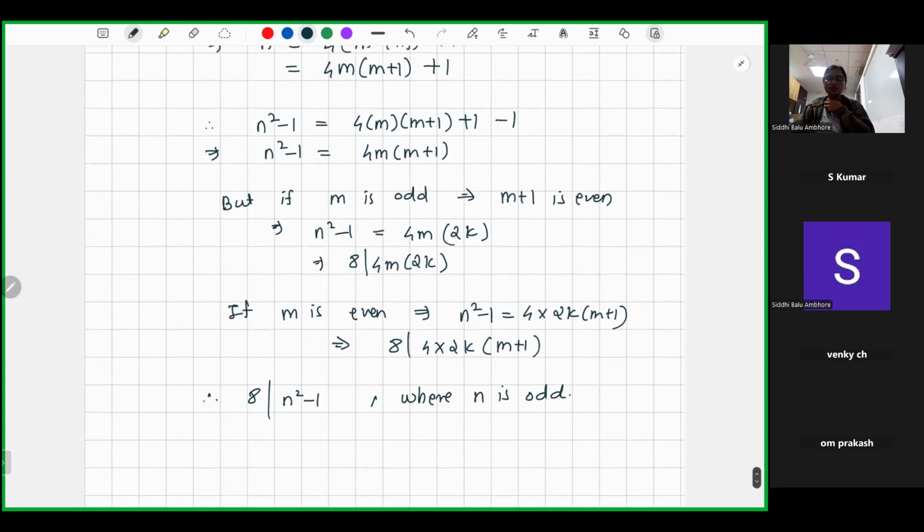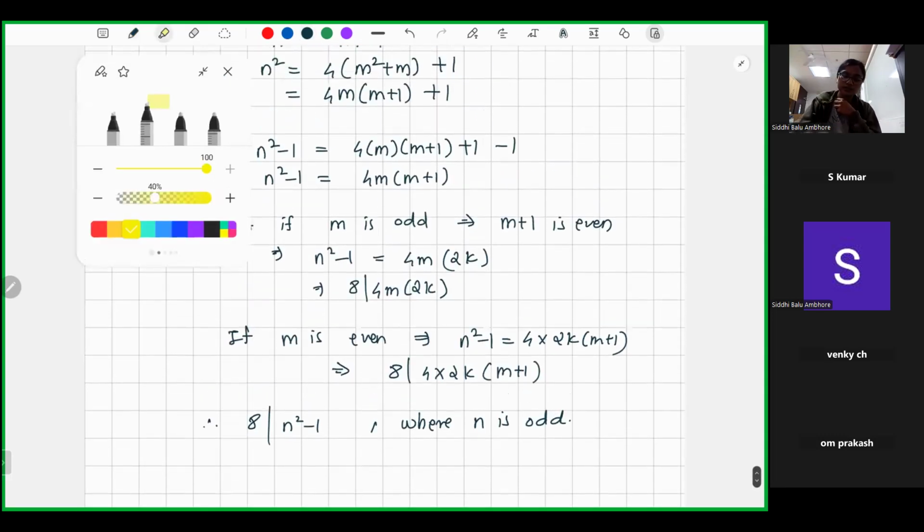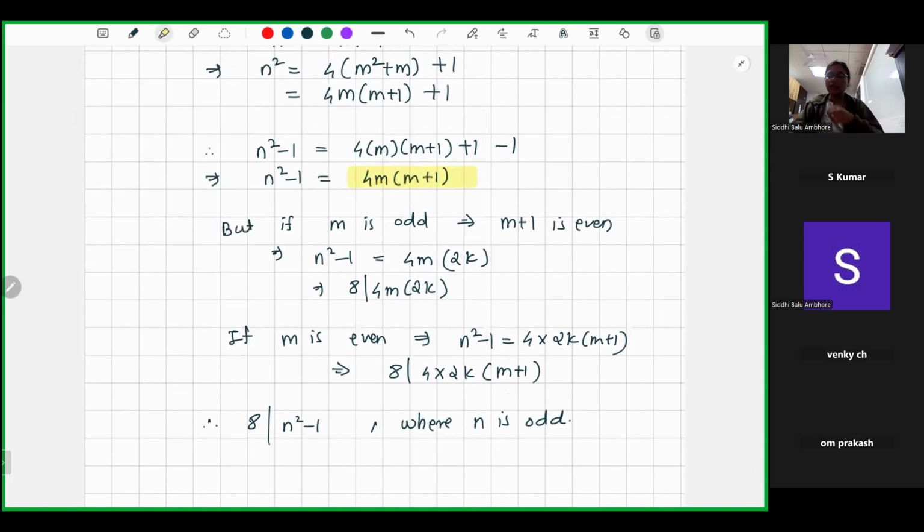Okay, so note this. This is the key here: m plus 1, whatever the integer. If m is even, then that's not a problem. But if m is odd, m plus 1 is even. So from here we can conclude that n square minus 1 is always divisible by 8.